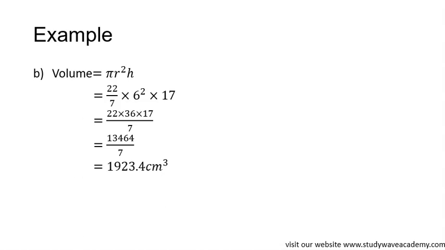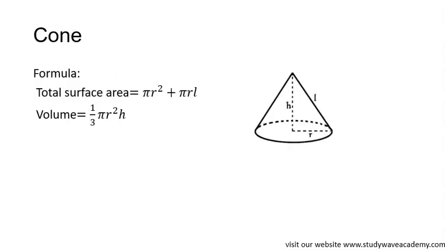Okay, good. So now we are going to be looking at the cone. A cone is a solid shape with a curved body, a circular base, and a pointed end. This is a cone. This is the slant edge. Here's the circular base.